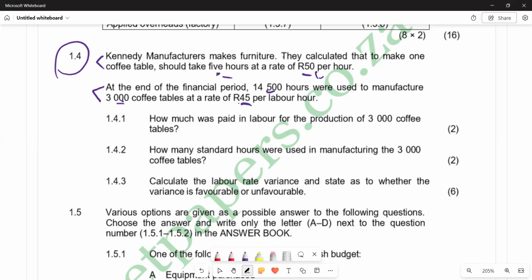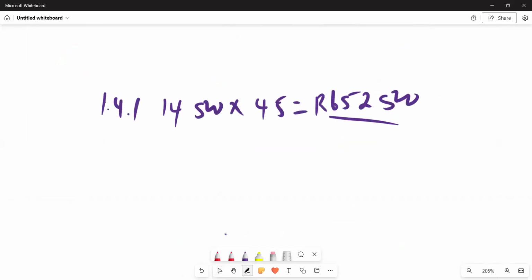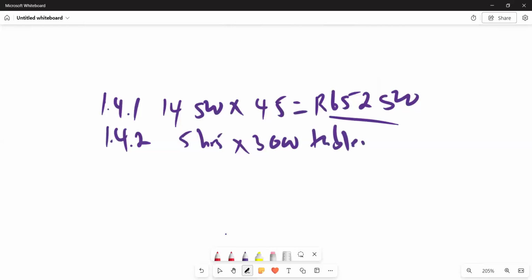So we just say 5 hours times 3,000 tables, and you get the total number of hours, which is 15,000 hours. Remember, the question is asking for the total number of hours.